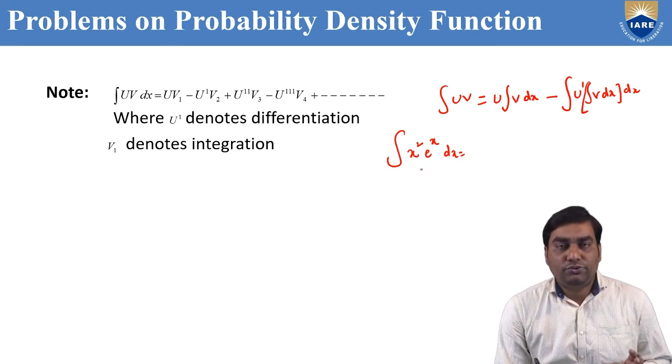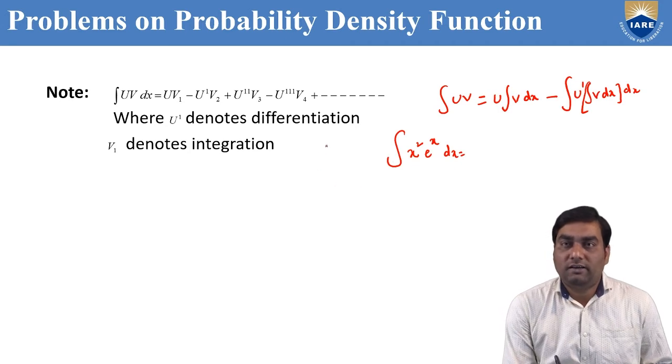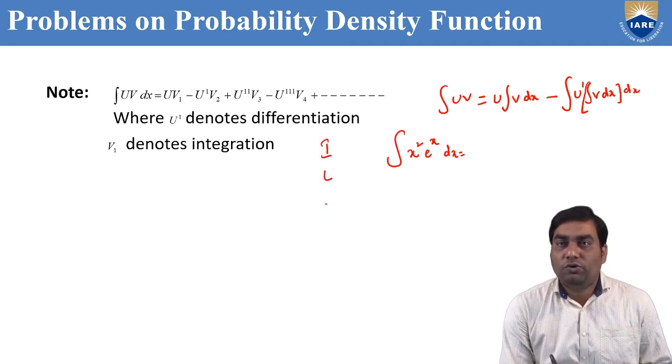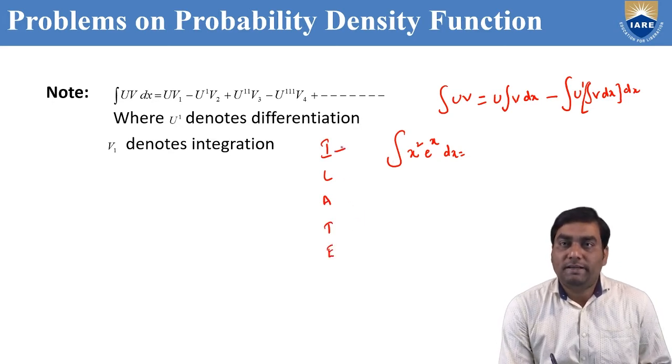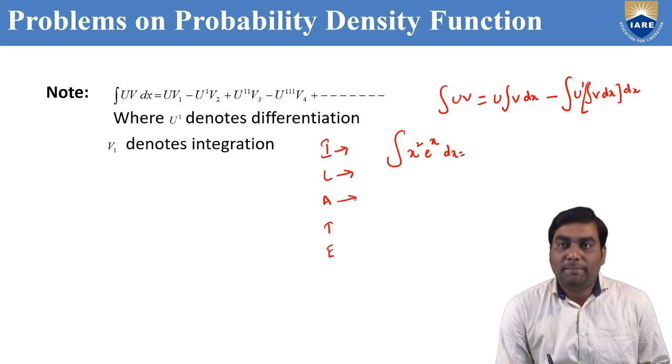How can we choose u and v according to the ILATE method? I think everyone knows the meaning of ILATE. We follow the ILATE procedure: I means inverse, L means logarithm, A means algebraic, T means trigonometry, E means exponential.